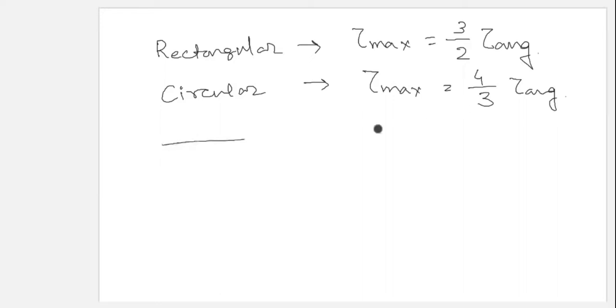So this is the common relationship for circular and rectangular sections, which are the most used beam sections. In both cases we have drawn the shear stress distributions, and both have a parabolic nature because of the quadratic function.